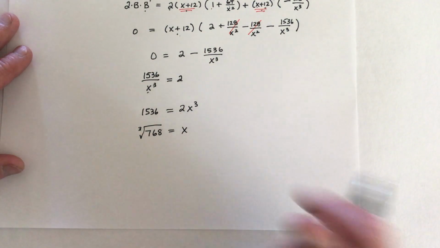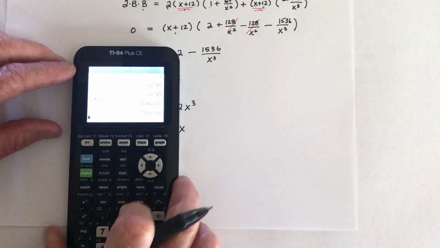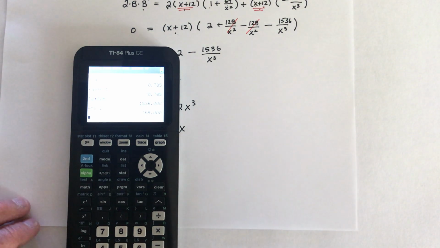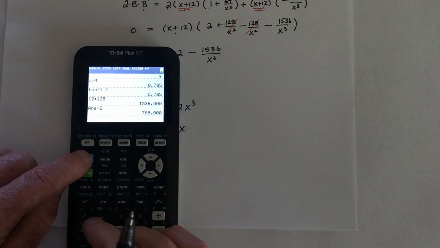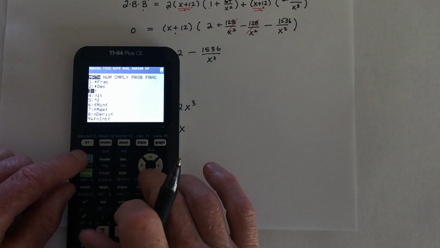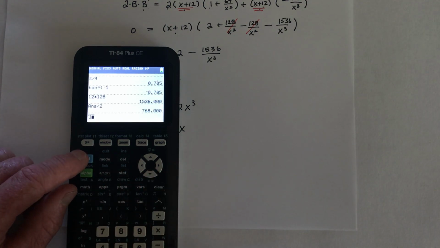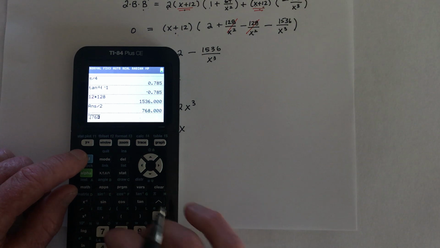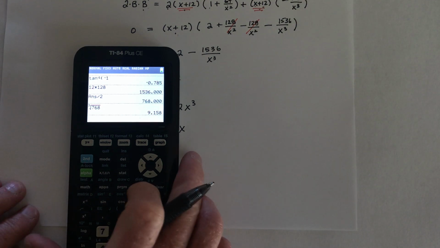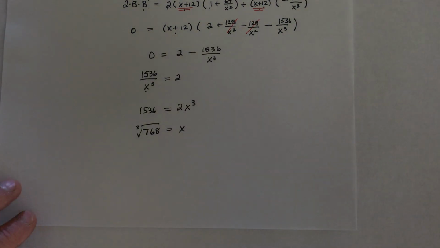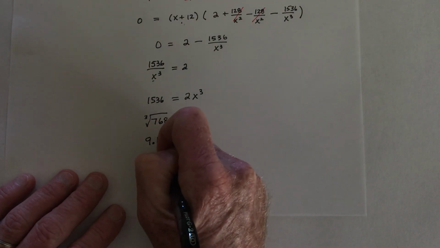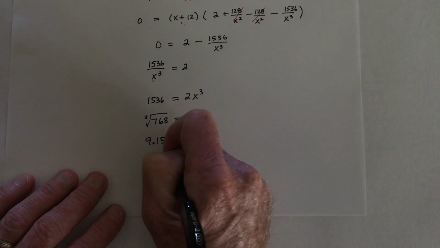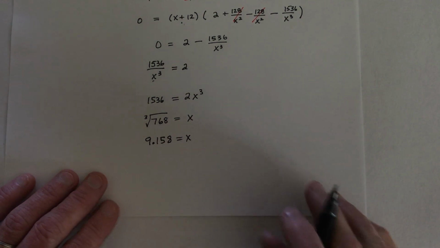So x is equal to the cube root of 768. So 9.158 feet. 9.158 is what x equals.